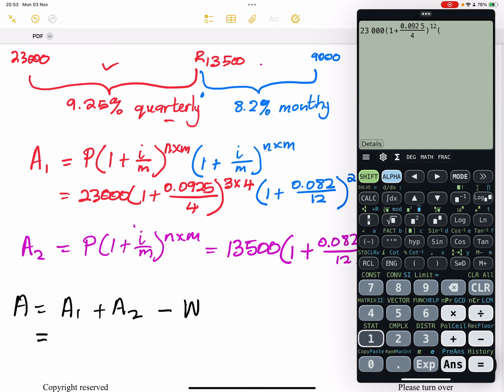And that is times 1 plus 0.082 over 12. Remember the 12 that was the power there, that's the 3 multiplied by 4, which gives us the 12. And now I'm raising this to the exponent of 2 times 12.